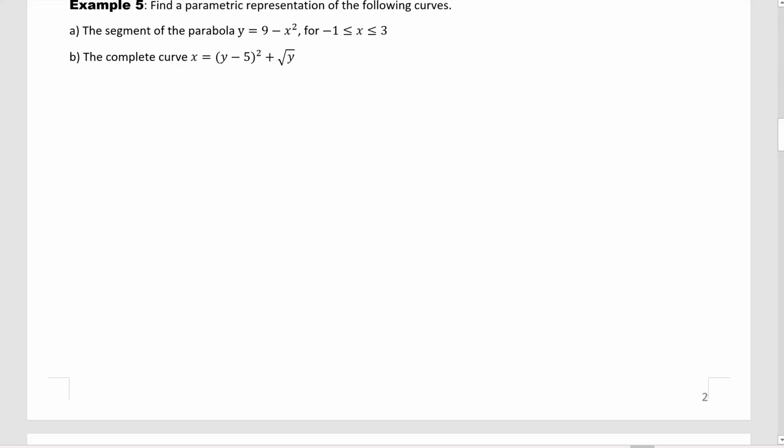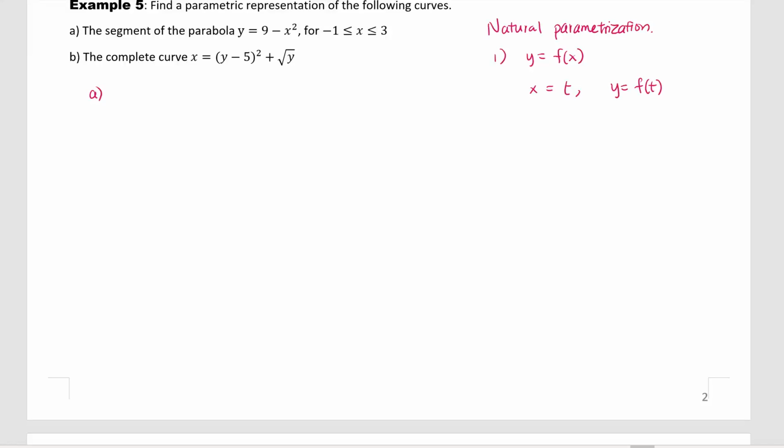Let's look at the first one. You can see y is a function of x, so here we have a natural parametrization. If y is a function of x, the natural parametrization is, because x is the independent variable, we let it be t, then y, the dependent variable, is just f of t.